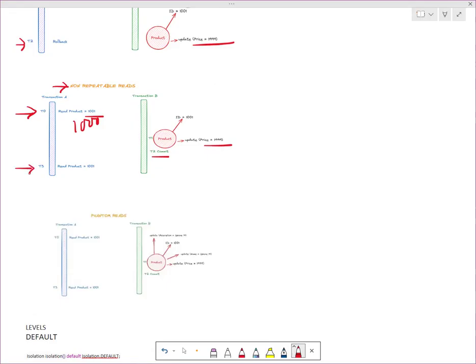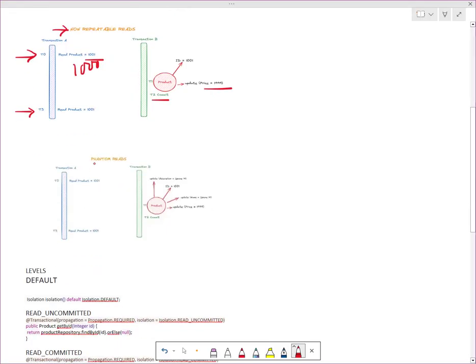At time t3, when transaction A reads the price of product ID 1001 again, it sees that the price got updated to $1,999. So there is a gap between these two reads.